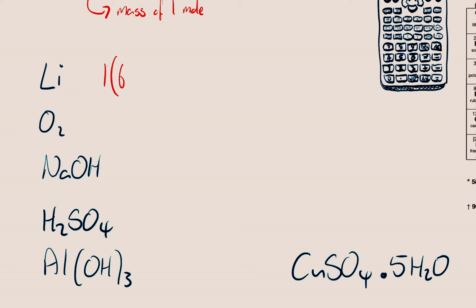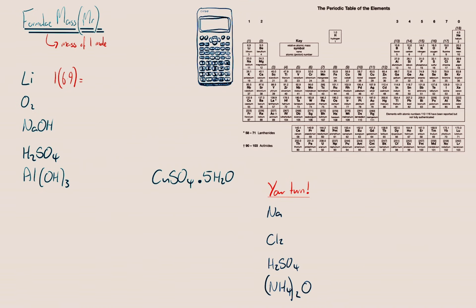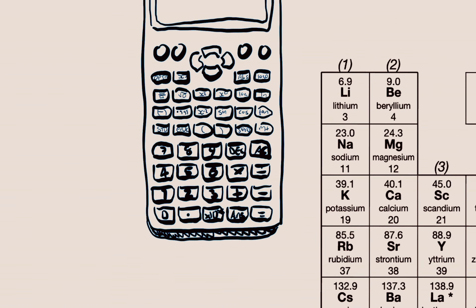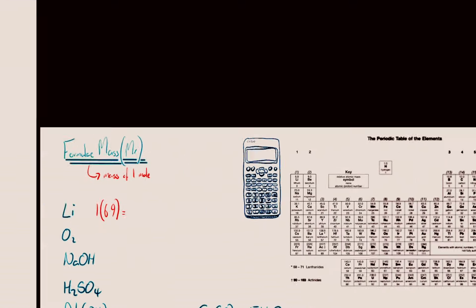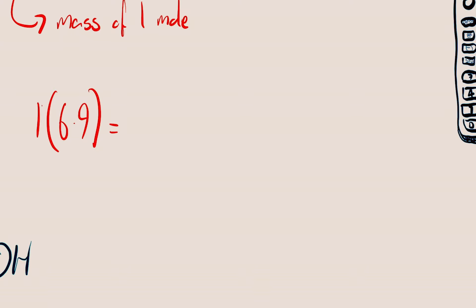And then we're putting our 6.9 in brackets and putting that in our calculator: 1 times brackets 6.9 close brackets equals, and we're clearly going to get an answer of 6.9.